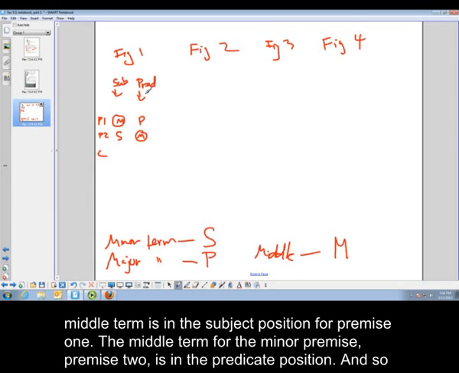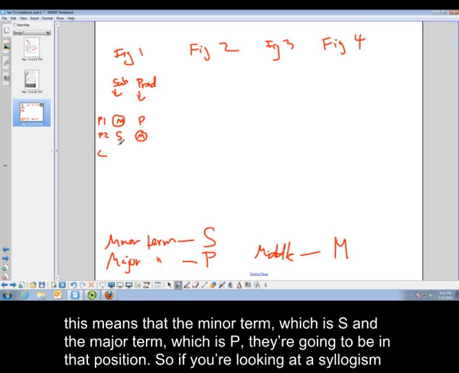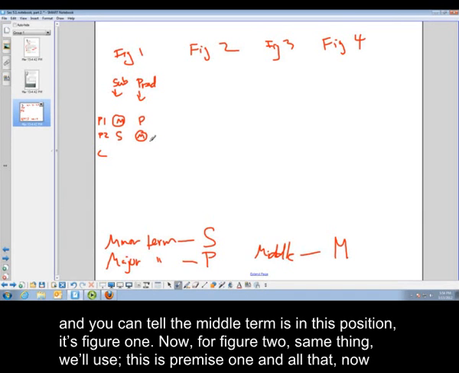The middle term for the minor premise, premise 2, is in the predicate position. And so this means that the minor term, which is S, and the major term, which is P, are going to be in those positions. So if you're looking at a syllogism and you can tell the middle term is in this position, it's figure 1.